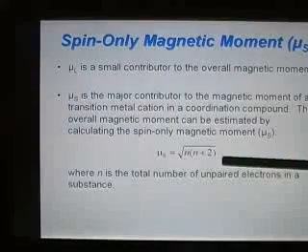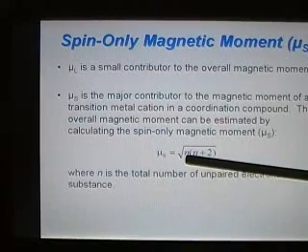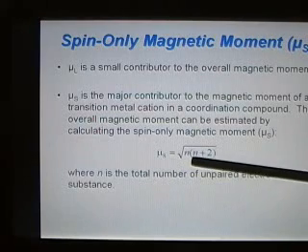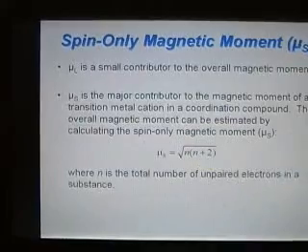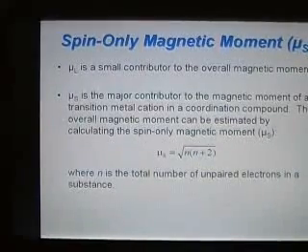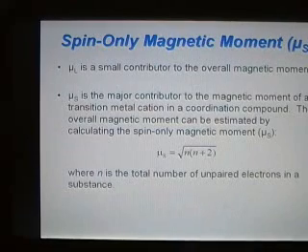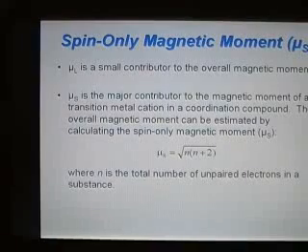You take the square root of the total number of unpaired electrons times the total number of unpaired electrons plus 2. Very, very simple. So all you have to do is count the number of unpaired electrons a compound has, add 2 to that, multiply by the total number of unpaired electrons, and take the square root of that.